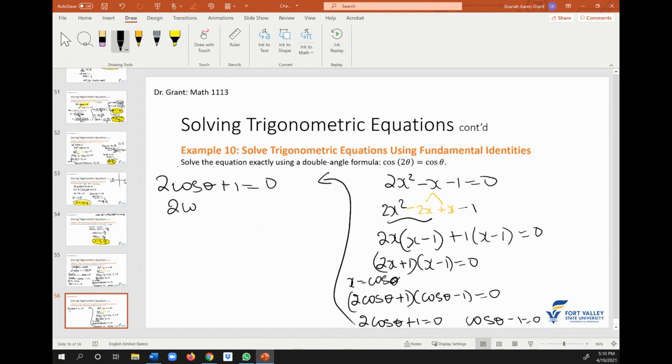Then we have 2 cosine theta equals negative 1, and so cosine theta is negative 1/2. What theta gives us that? Well, that's going to be 2 pi over 3 and 4 pi over 3.